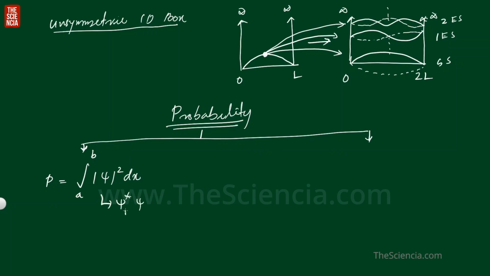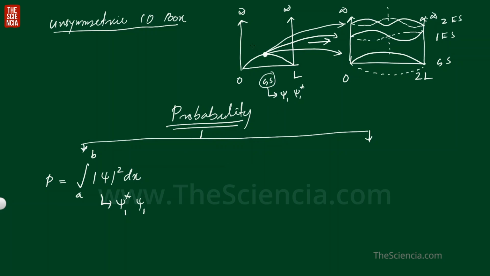That is, the particle is in the same state. That is the probability of finding the particle in the ground state. When we take this probability, we take the ground state wave function and the conjugate of its ground state wave function, that is psi 1 star psi 1.